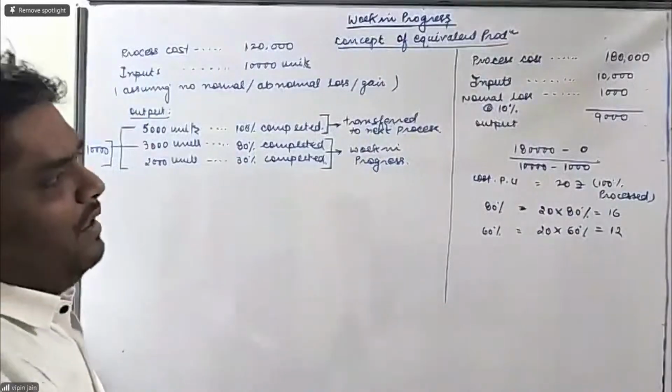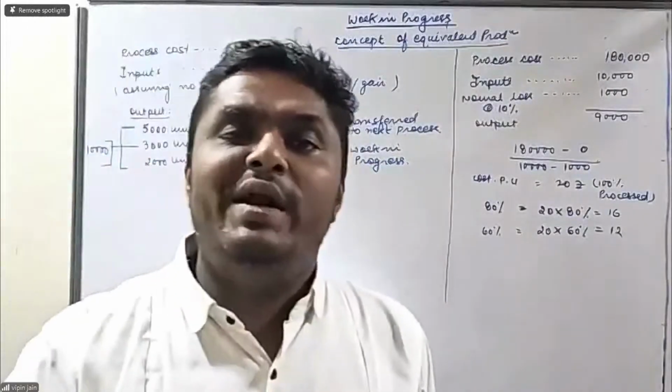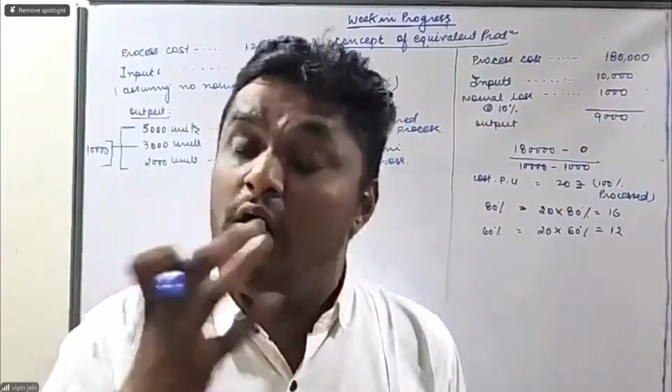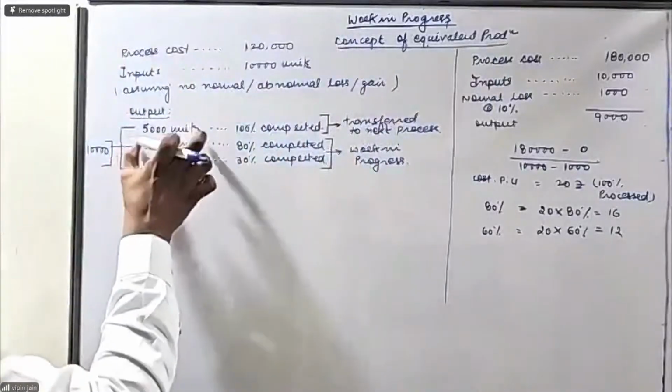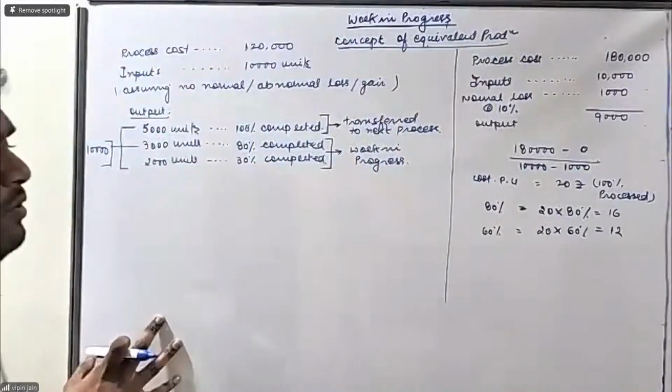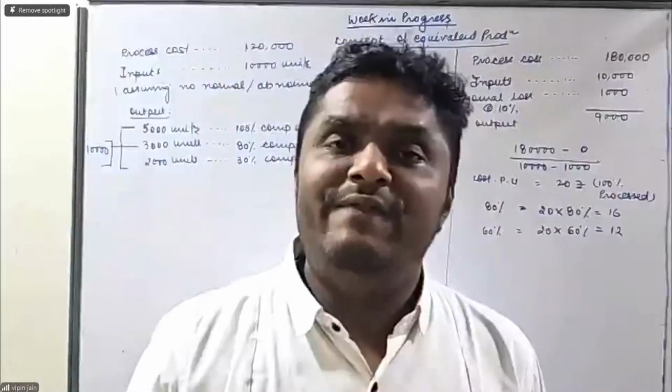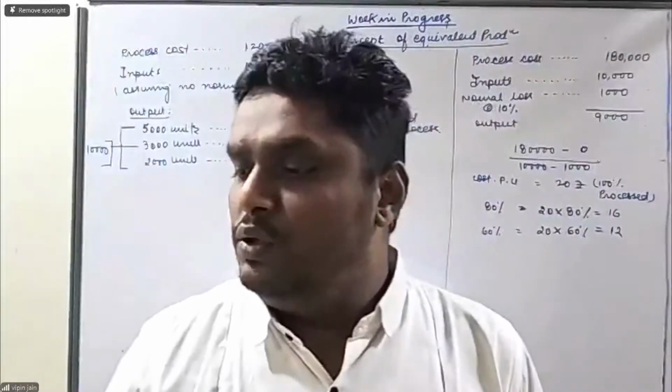Now, our task is to calculate the cost per unit. Our major motto is to calculate the cost of these 5,000 units, 3,000 units, and 2,000 units. How to value them?